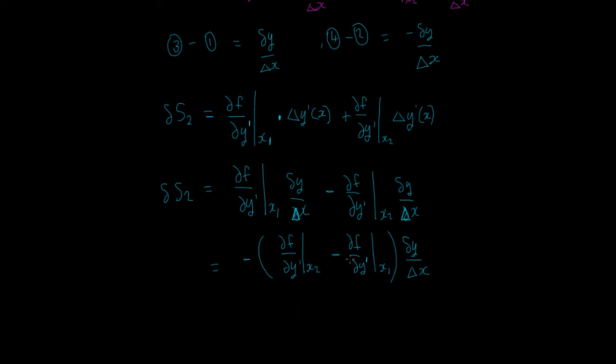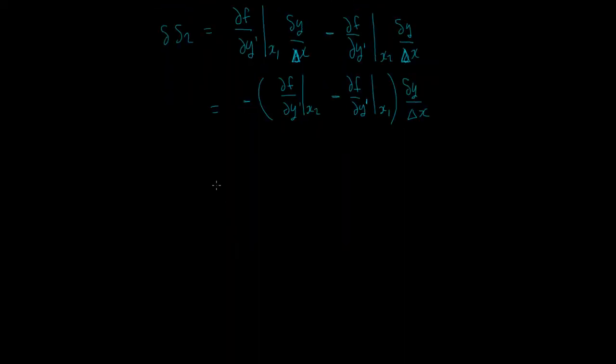Now the reason for writing it in this format, taking the minus sign out and being left with this and this, is that if you look at this term here, it looks very like the definition of a derivative. The definition of derivative would be limit as delta x tends to 0 of f of x plus delta x minus f of x all upon delta x.